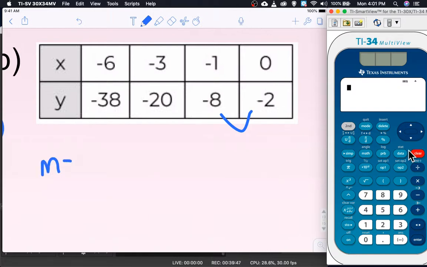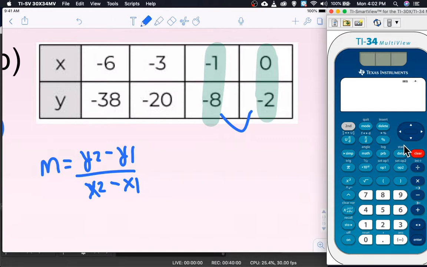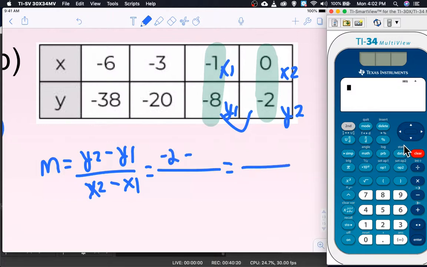M equals y2 minus y1 over x2 minus x1. Make sure you label properly. If I'm using this point and this point, I've got x value from my first point, the y value from my first point, x value from the second point, and the y value from the second point, which gives me y2 minus y1 over x2 minus x1.